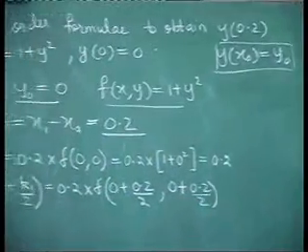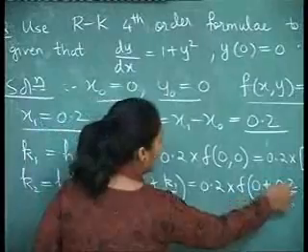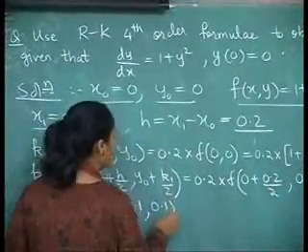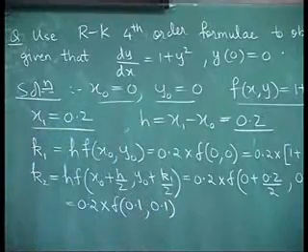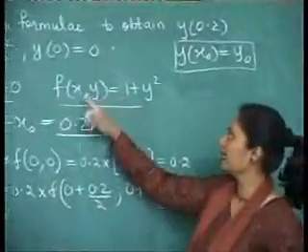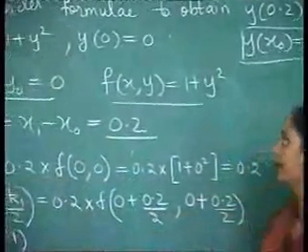So this is 0.2 into f of 0.1 comma 0.1. So now go back to this formula for f of x, y, and in this put x equal to 0.1, y equal to 0.1.